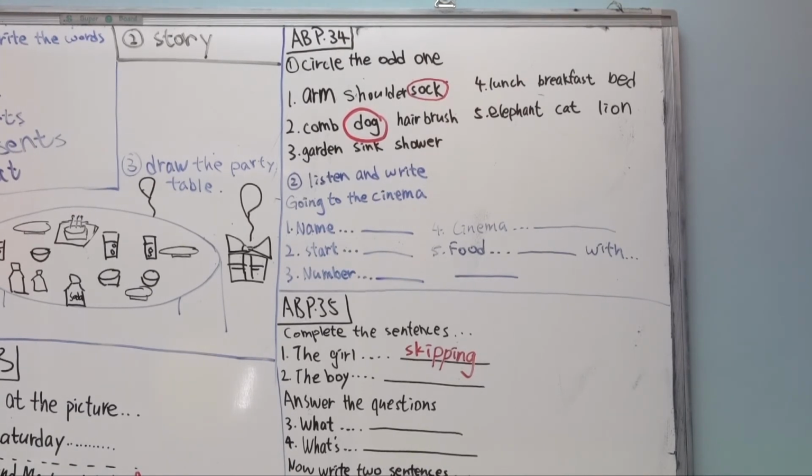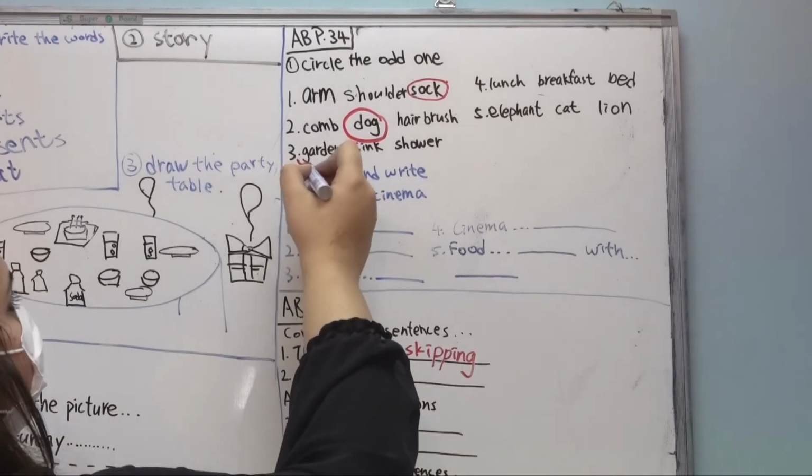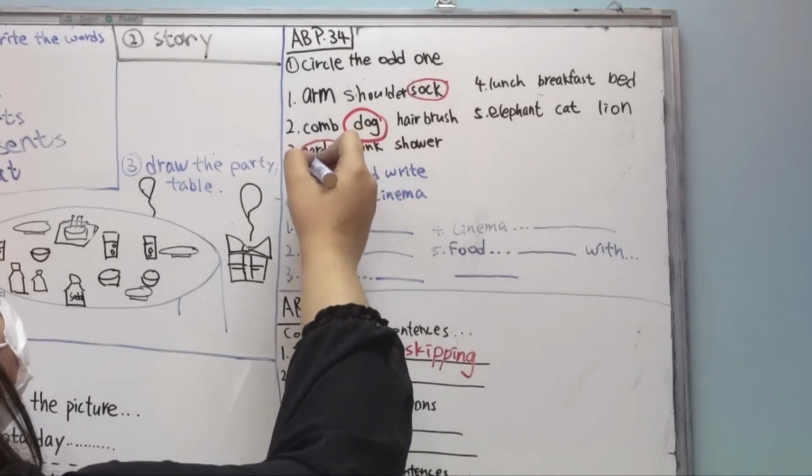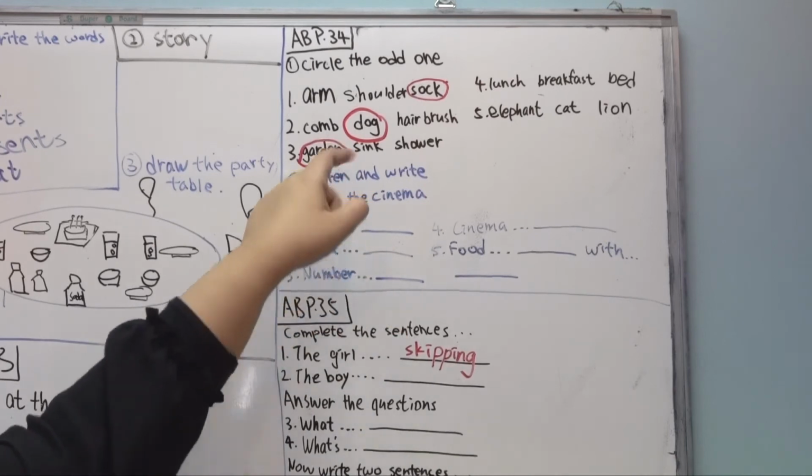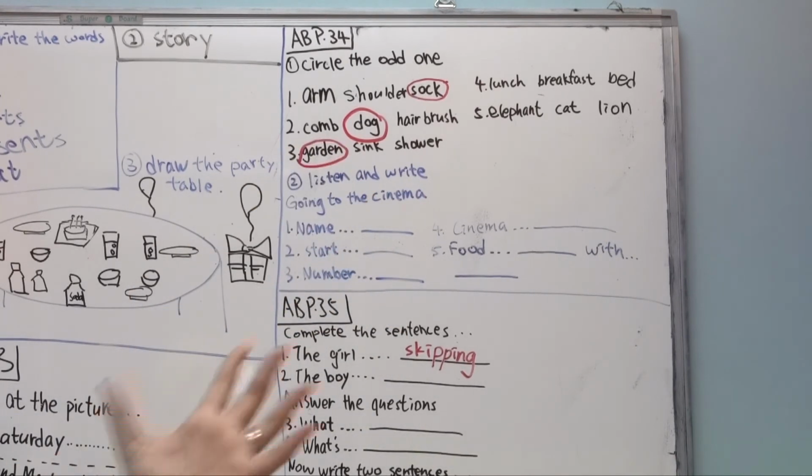That should be the garden, right? The garden. We find sink and shower in the... Where can we find sink and shower? That should be bathroom, right? But we can't find a garden in our bathroom, right? So, garden is the odd one.